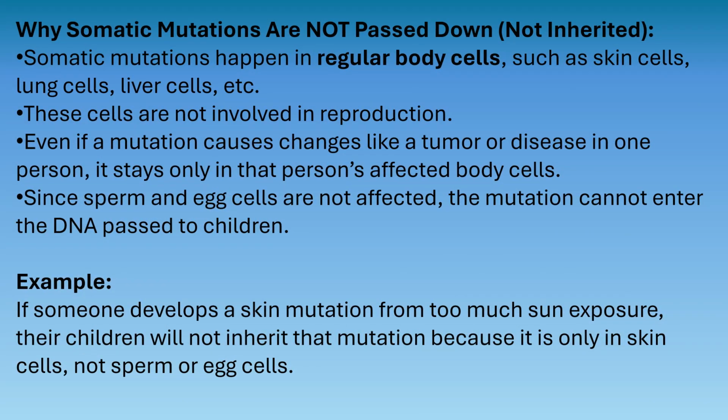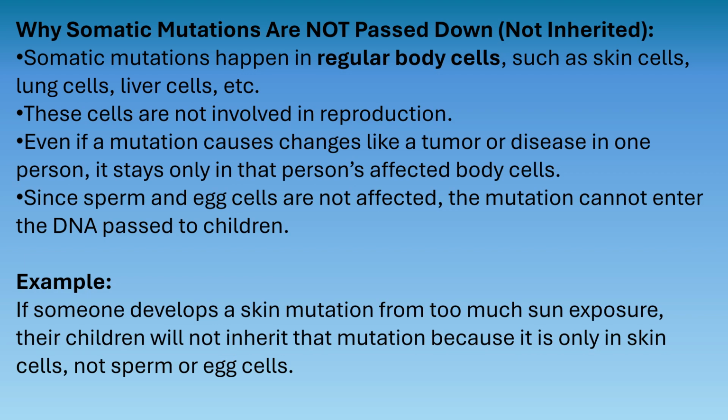Why somatic mutations are not passed down? They are not inherited. Somatic mutations happen in regular body cells, such as skin cells, lung cells, liver cells. These cells are not involved in reproduction. Even if a mutation causes changes like a tumor or disease in one person, it stays only in that person's affected body cells.